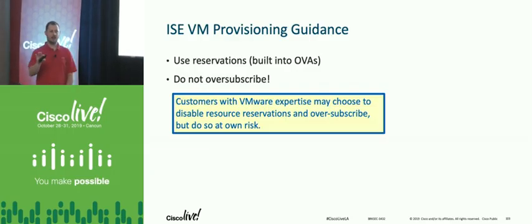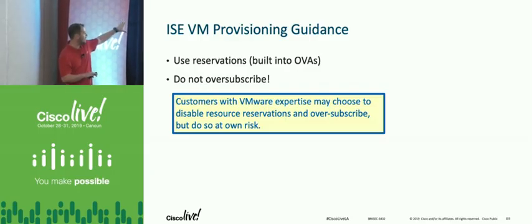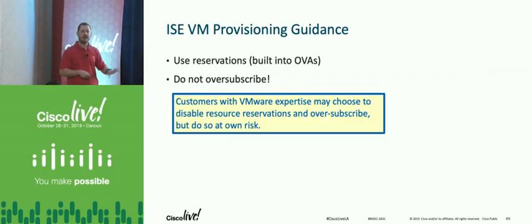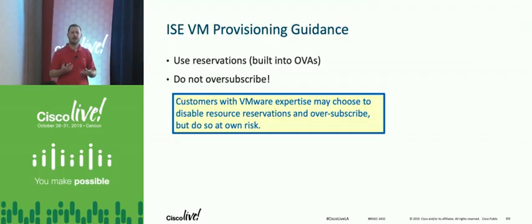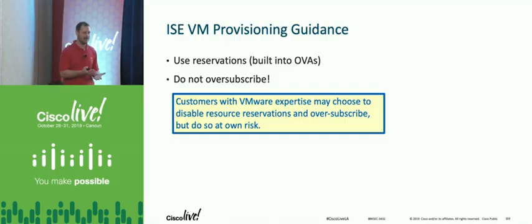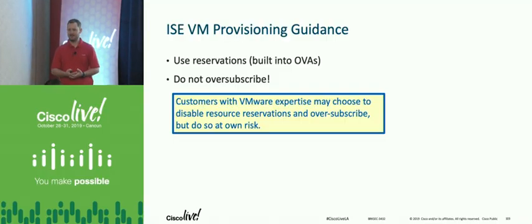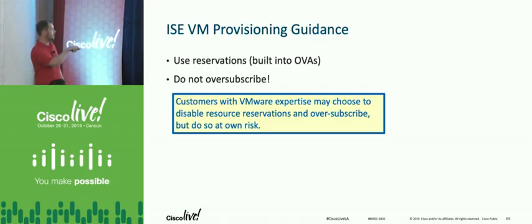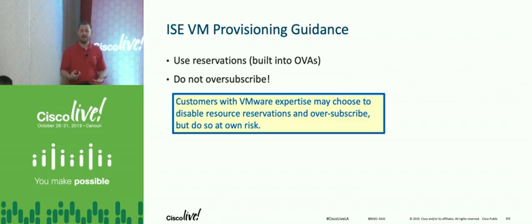Last and final warning, do not oversubscribe. Use the reservations. They are built into the OVAs. And I say that because typically, like I mentioned, it's normally not the network engineer that's building these images out. It's a data center or server guy. And the first thing they do is oversubscribe these VMs.